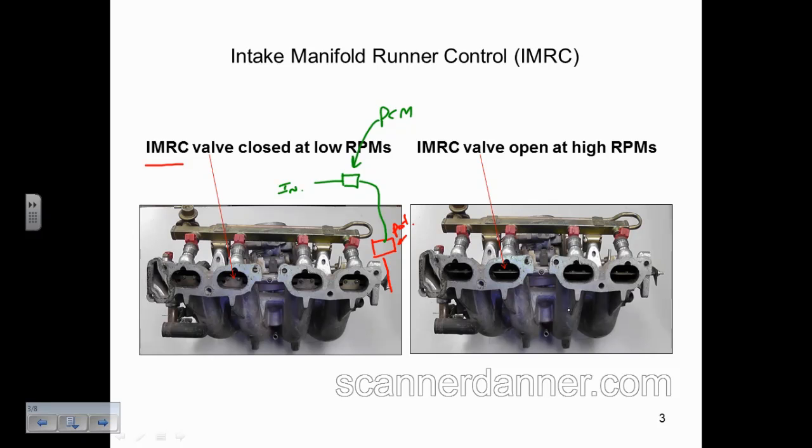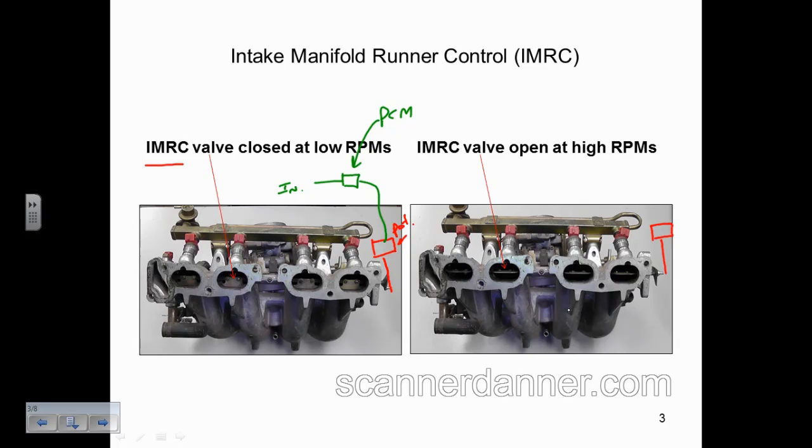As far as troubleshooting goes, there can be some issues with this. I'm going to give you one real quick. It's a Ford V6, I think the 3.8, and what they had was two of these. So just picture that you have two different diaphragms, two different rods that would attach.